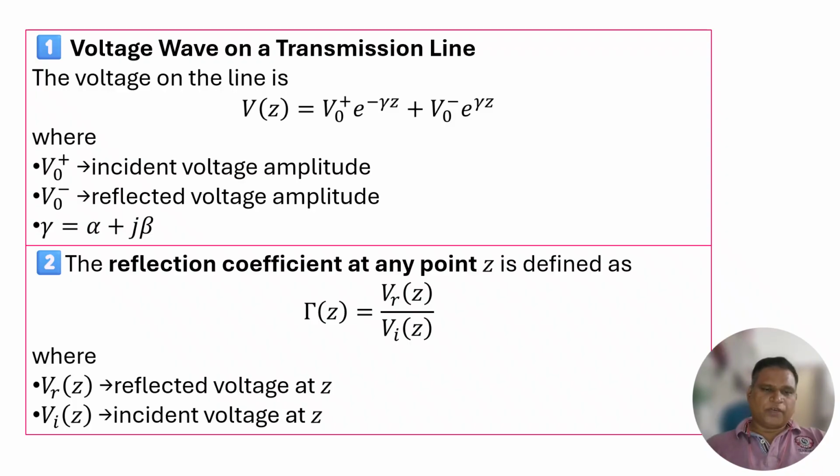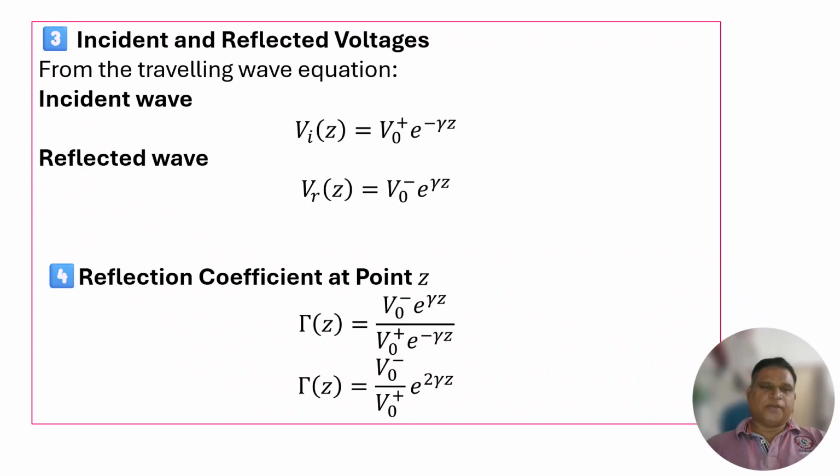VR of z is the reflected voltage at z, VI of z is the incident voltage at z. Now, these are the expressions for the incident and reflected voltages. The reflection coefficient is equal to the reflected wave divided by the incident wave. We will get this.